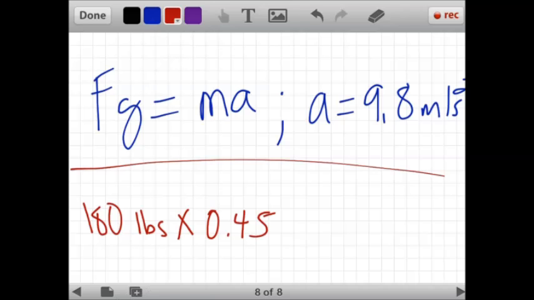Let me double check. Yeah, 0.45. When I do that, I get my mass in kilograms to be about 81.6 kilograms. So you should probably go ahead and do that in your notes somewhere just so you have that number because you're going to be using it a lot today on the activity. So I weigh 81.6 kilograms.